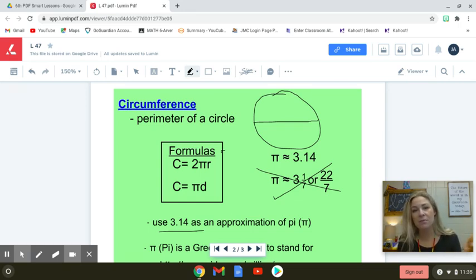The diameter goes completely across. The radius goes from the center of the circle, now it looks like a Pokemon ball, to the outer edge. And it is always exactly half of the diameter. So for example, if my diameter is 6, my radius will always be 3, because that is exactly half.